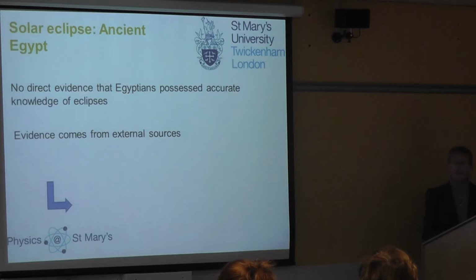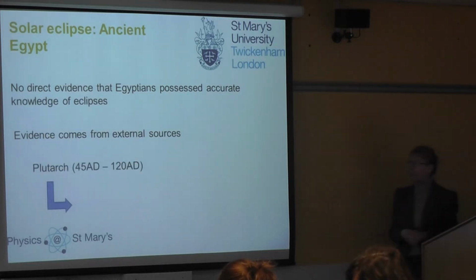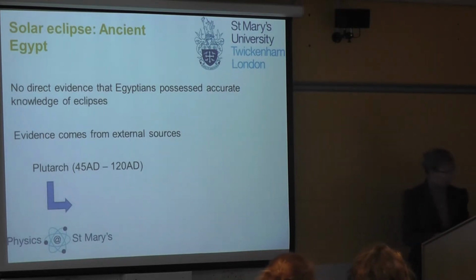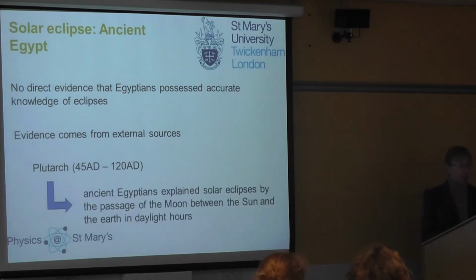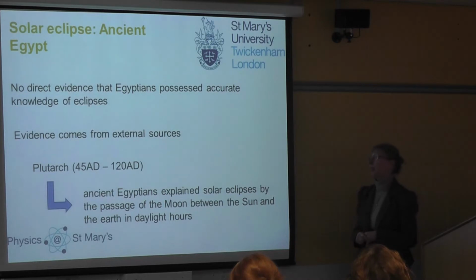For example, we have evidence from Plutarch, a Greek man who lived between 45 AD and 120 AD. Through him, we know that ancient Egyptians explained solar eclipses by the passage of the moon between the sun and the earth in daylight hours, which is exactly what happens when you have a solar eclipse.